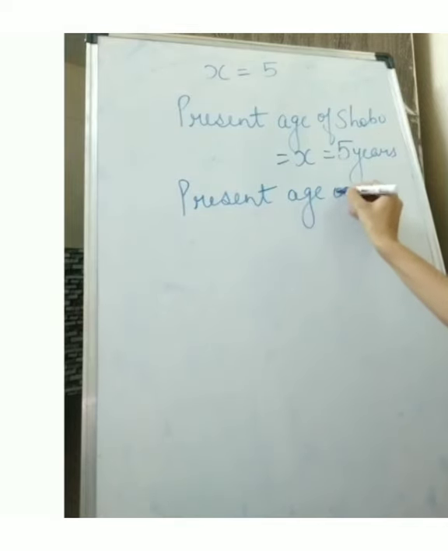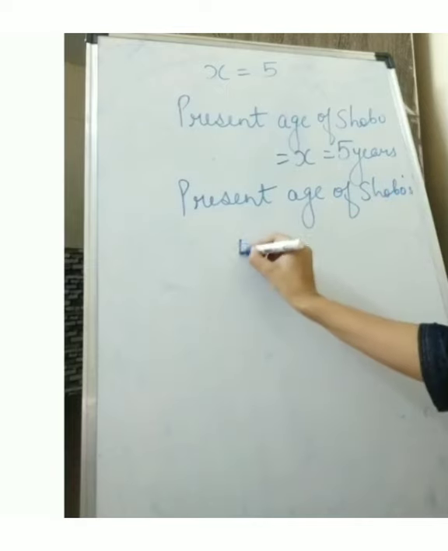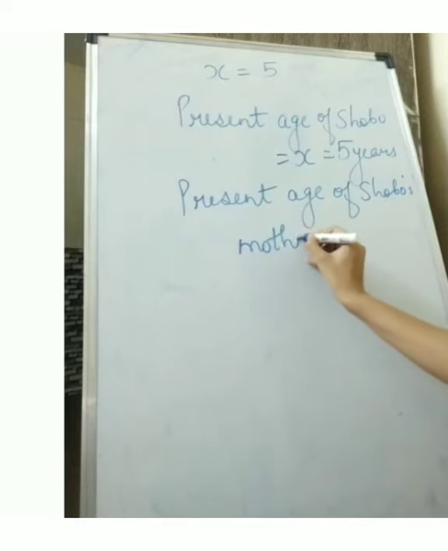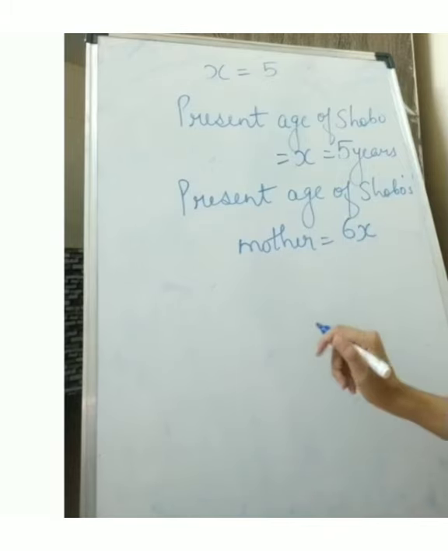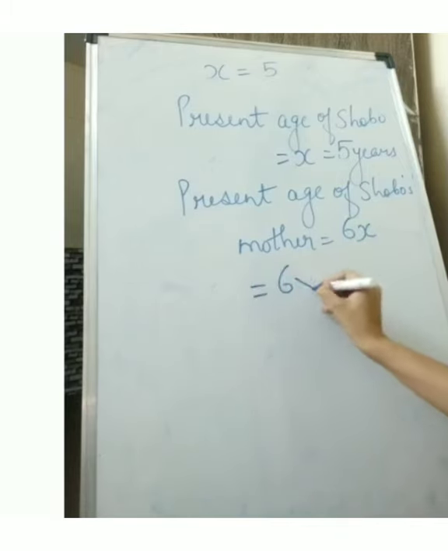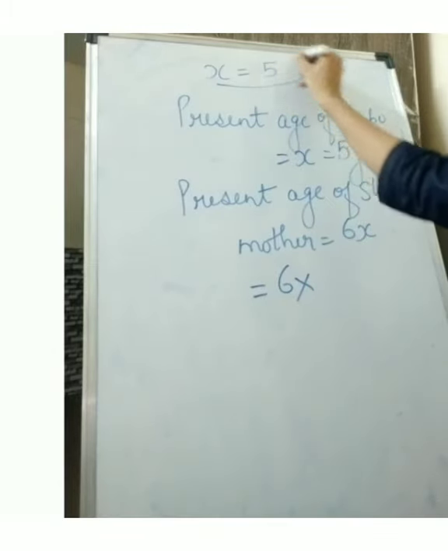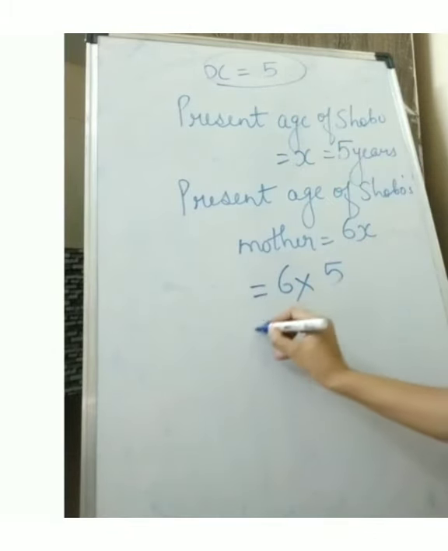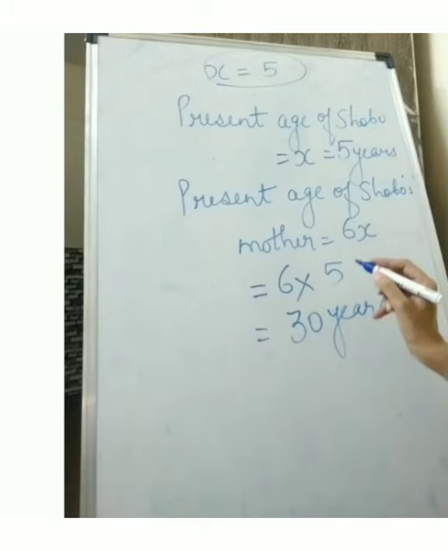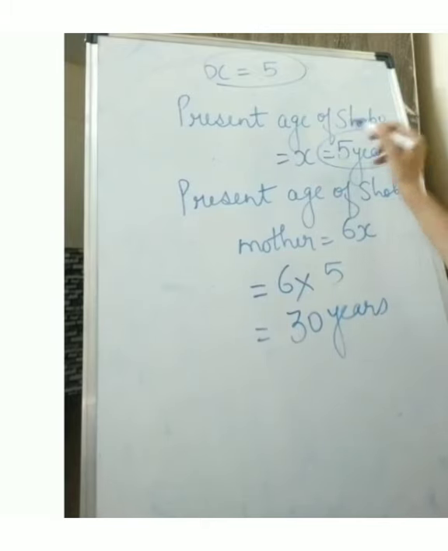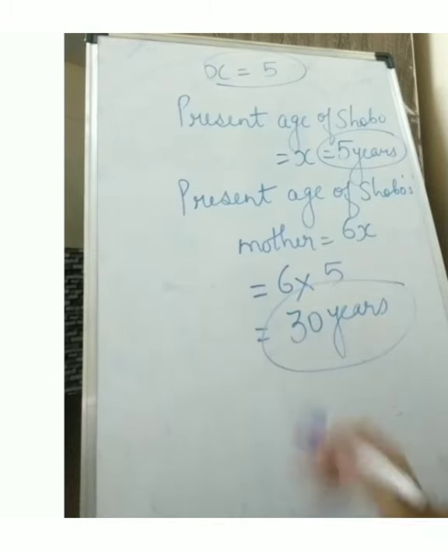The present age of Shobhu's mother is 6x, because her mother was 6 times her age. So 6 multiplied by x, and the value of x is 5, so I will write 5 over here. 6 5s are 30 years. So the present age of Shobhu is 5 years, and her mother's present age is 30 years. Okay.